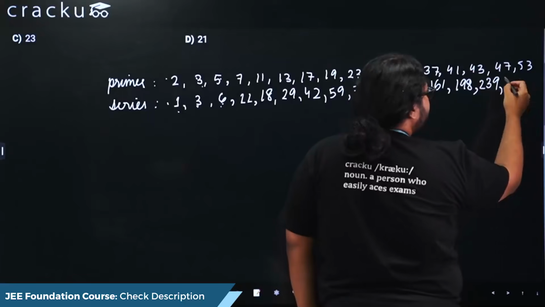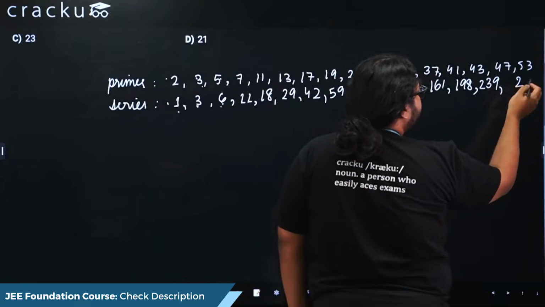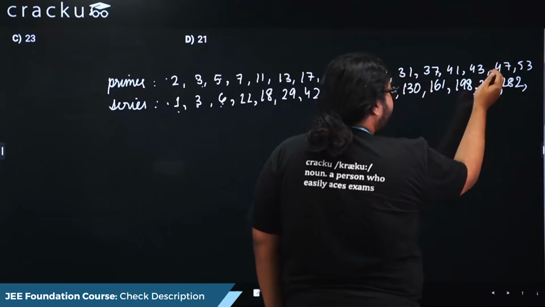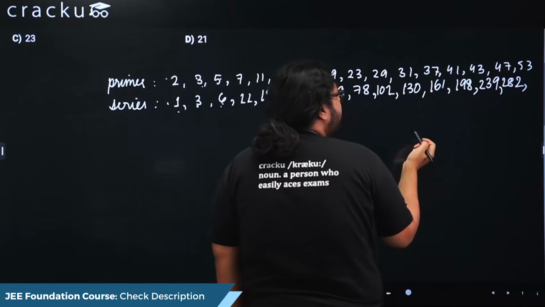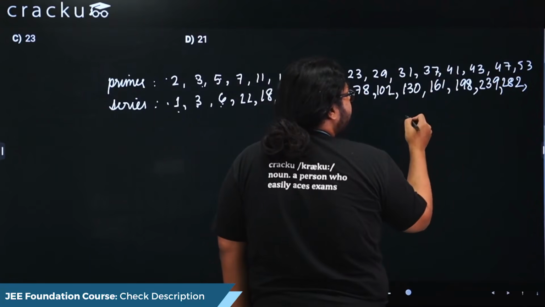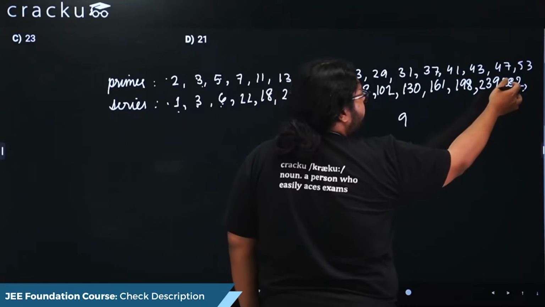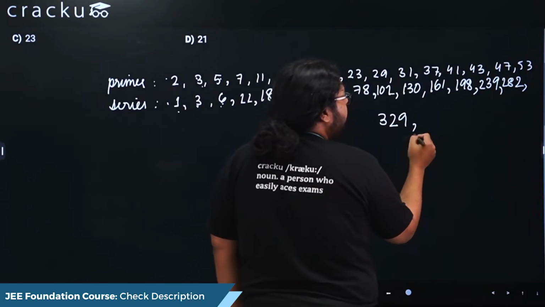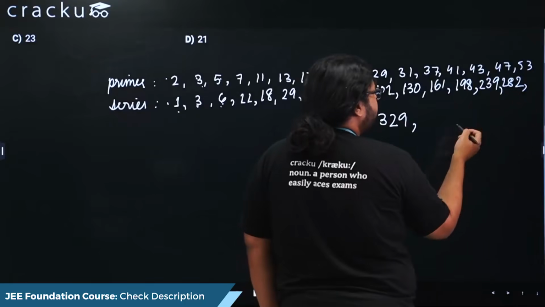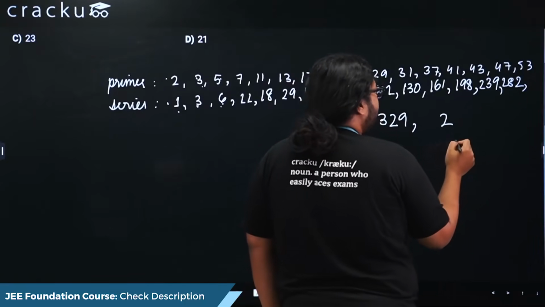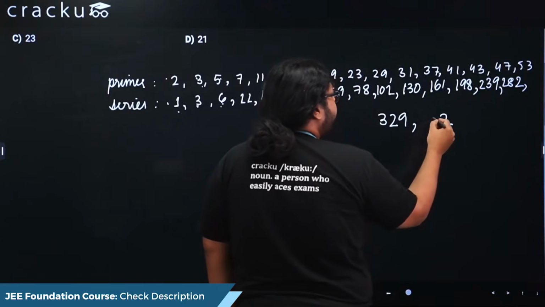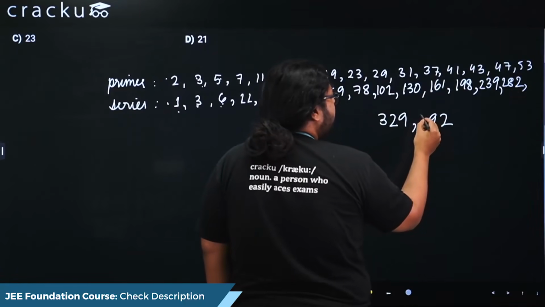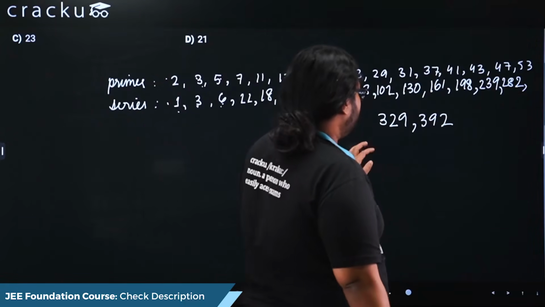239 plus 43 gives me 282. 282 plus 47 gives me 329. 329 plus 53 gives me 382.